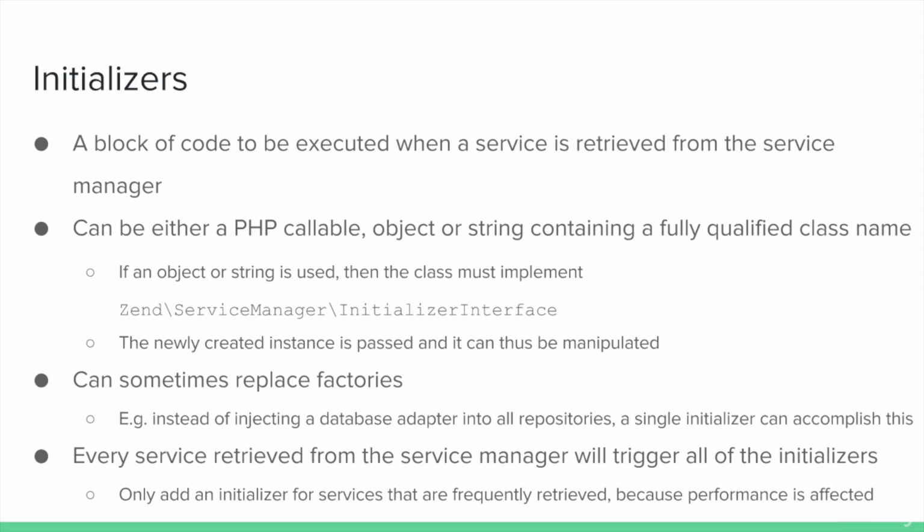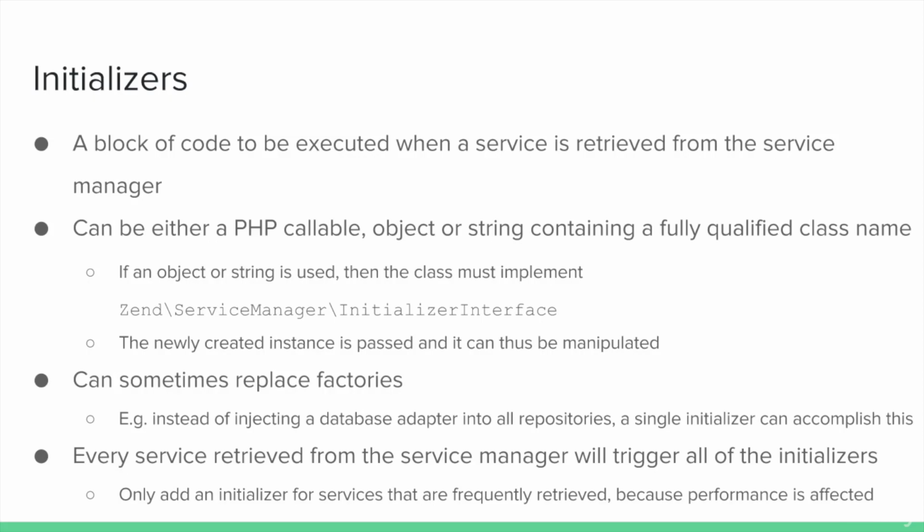The newly created instance is passed and it can thus be manipulated. So when this function is run, whenever a service is retrieved from the service manager, this instance or service that is retrieved is passed as a parameter to our function. And this allows us to call, for example, setter methods on it or manipulate it in one way or another.